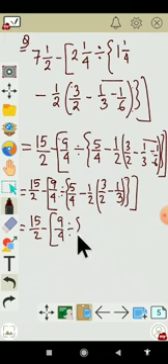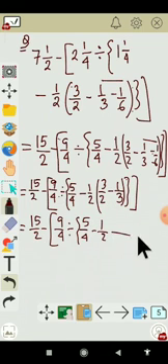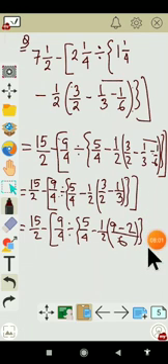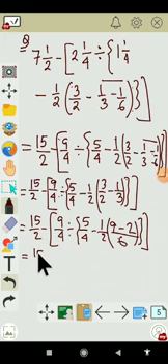Now solve this one. So here we will get 6, so 9 minus 2, so this will give us 15 by 2.